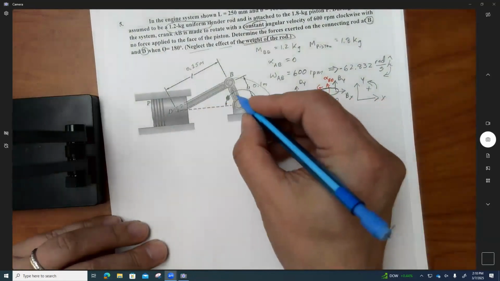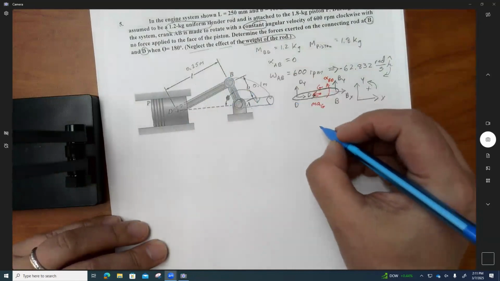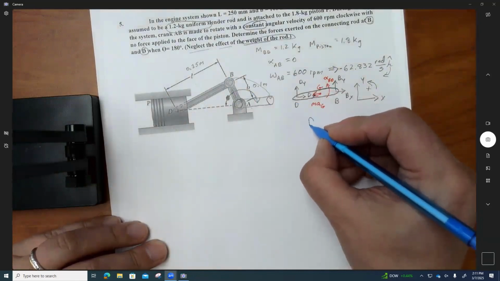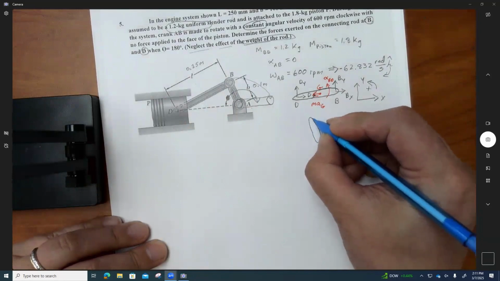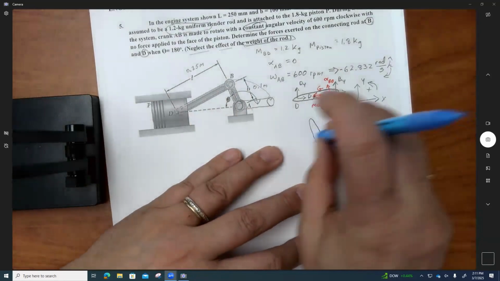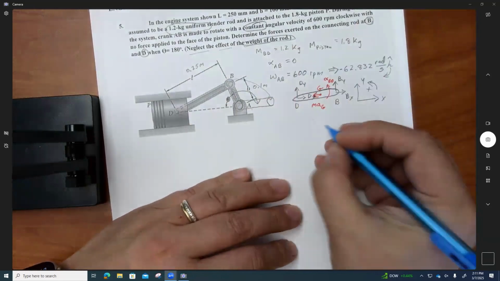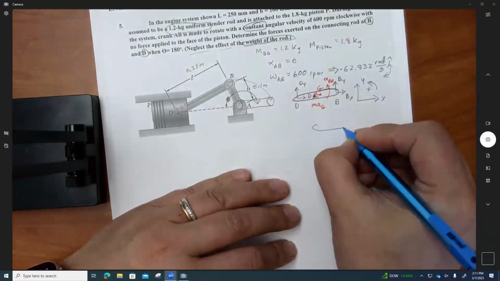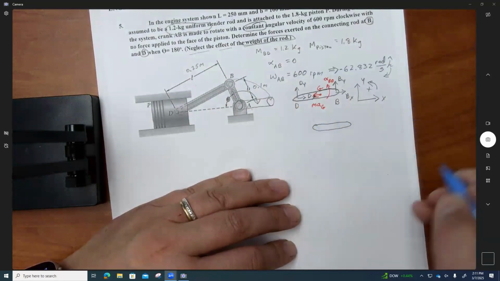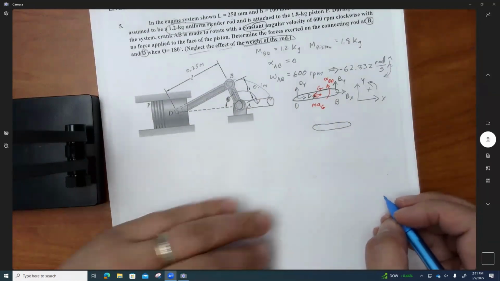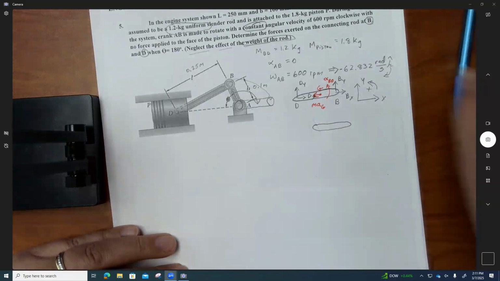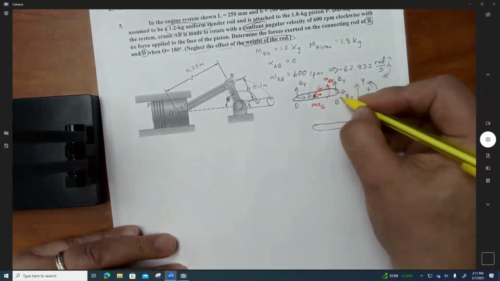I'm going to have a crankshaft where, well, really, it's going to be flat. So let's draw it flat. It's going to be like this. And we're going to have equal and opposite.